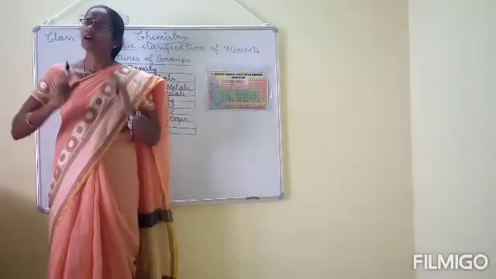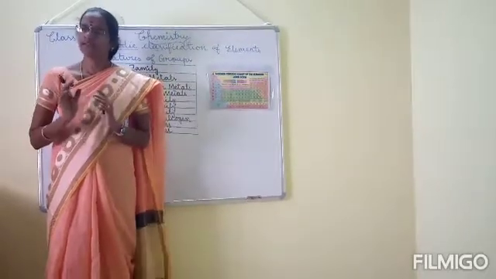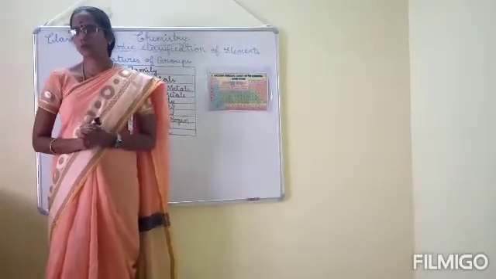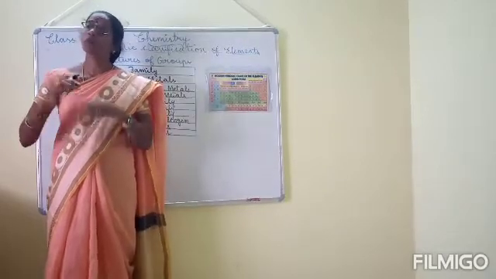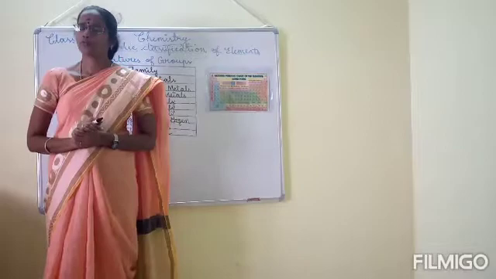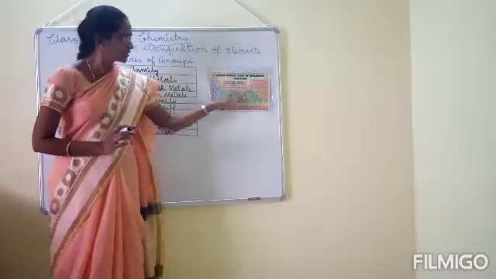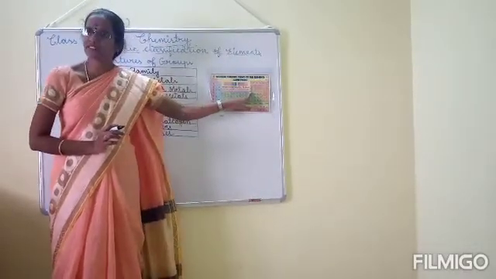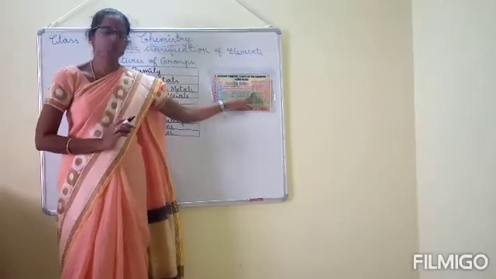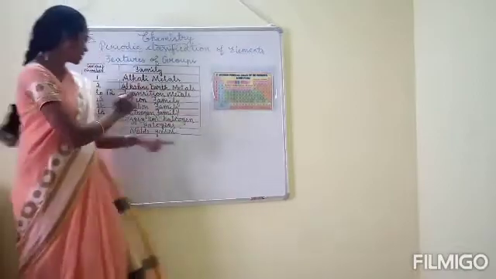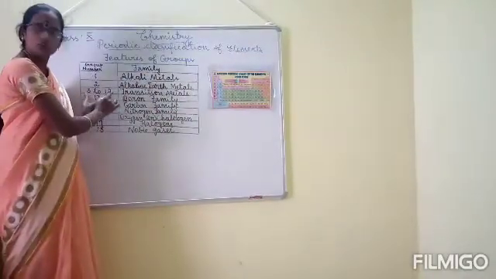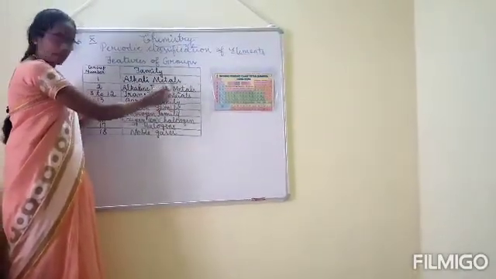They melt at high temperature and they form colored compounds. They combine with other elements to form more than one compound. Often these elements act as catalysts. So group 3 to 12 are transition elements.